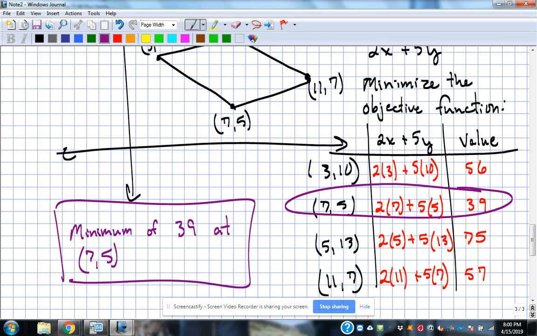The Canvas quiz is the shortest one of the semester for this week. It's only got 10 questions on it. Not a ton of stuff, but it's got nonlinear systems, inequalities, and then objective function stuff. Things you'll get this week: you'll get a review for the test, which is next week, the last regular test.